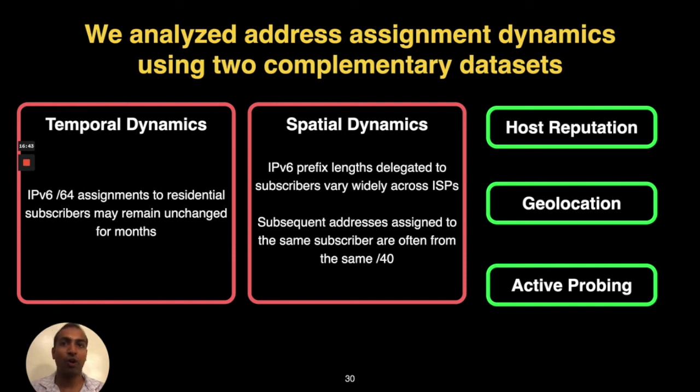In the paper, we also show that subsequent addresses assigned to the same subscriber are often from the same /40. These observations affect many applications and also raise privacy concerns, such as whether IPv6 addresses and prefixes of various lengths should be considered PII. And with that, I conclude my talk.